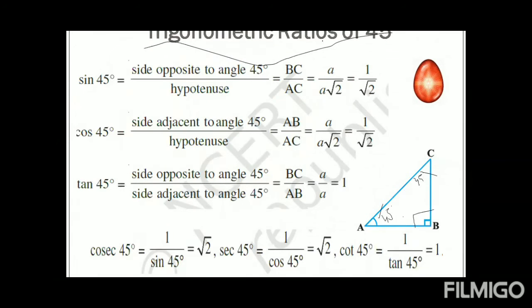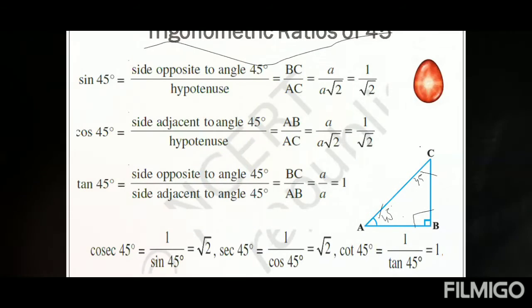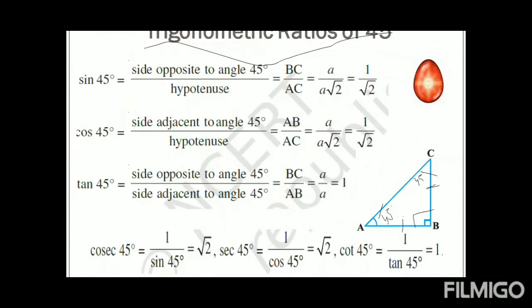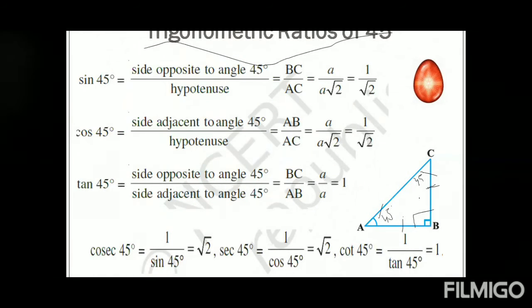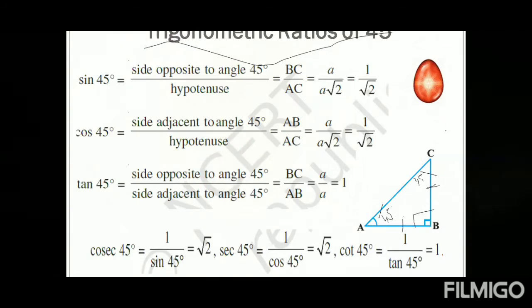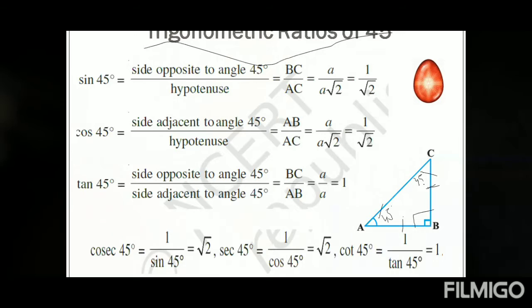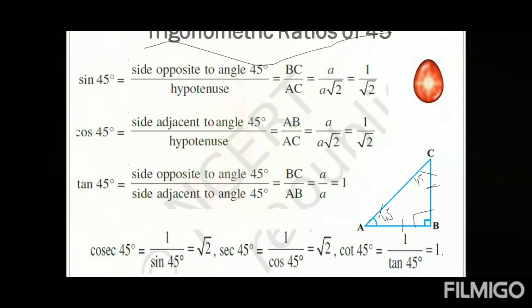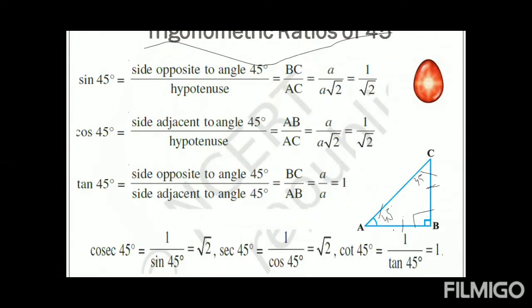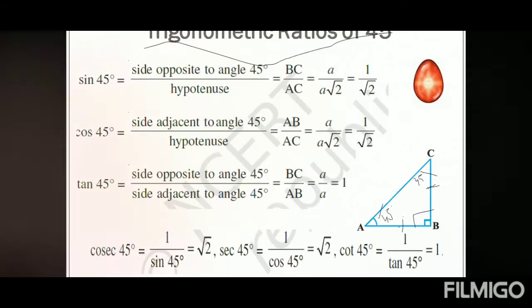If angle A and angle C are equal, then the two sides will be equal, right? This is an isosceles triangle. AB equals BC. So we have found that angle A equals angle C and AB equals BC. Now take these two sides, AB and BC, as a, where a is just a variable.